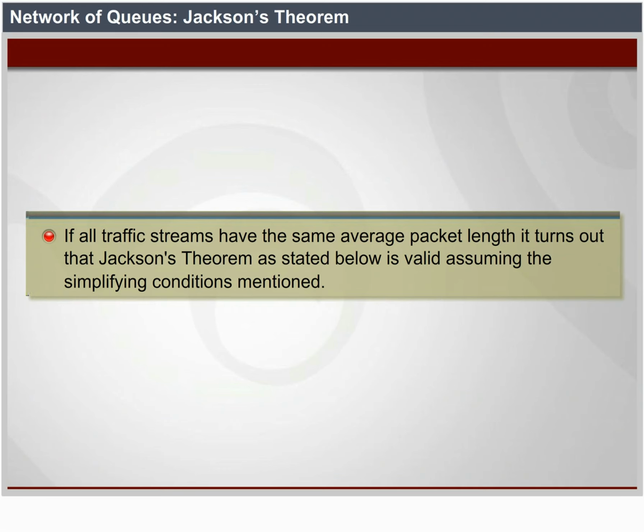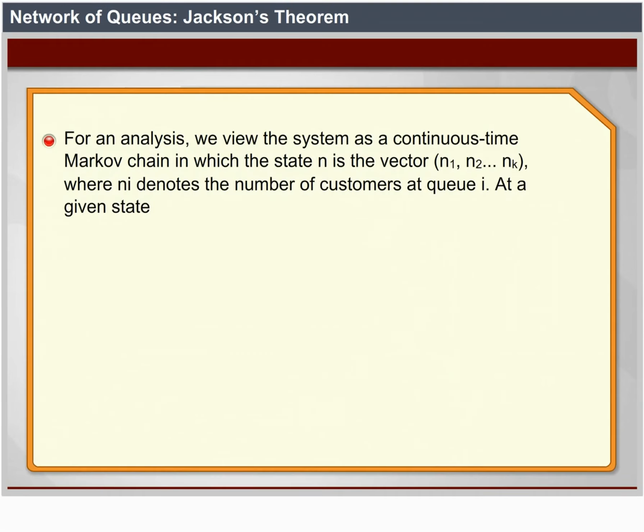For an analysis, we view the system as a continuous time Markov chain in which the state n is the vector n_1, n_2, to n_k, where n_i denotes the number of customers at Q_i.